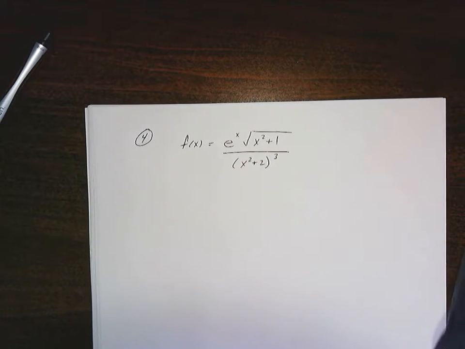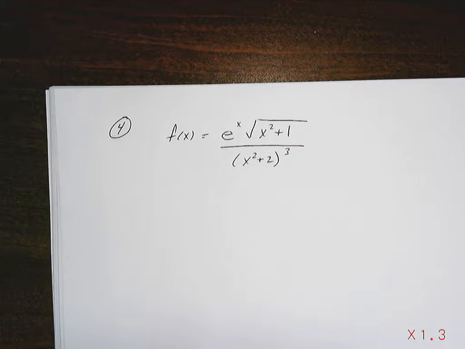Now, I'd like to discuss which method might be easier. It's a quotient rule mixed up with a product rule, mixed up with lots of power chain rule.